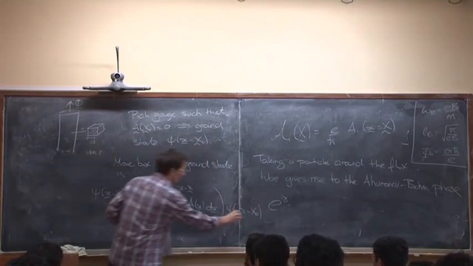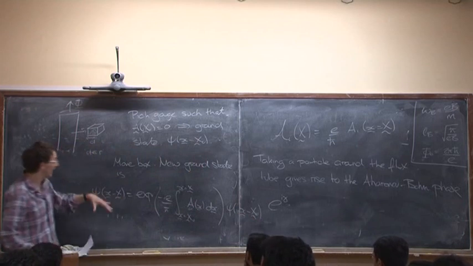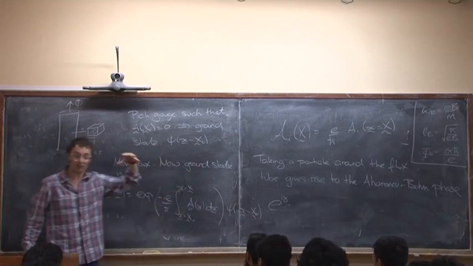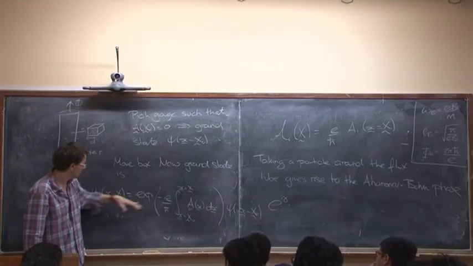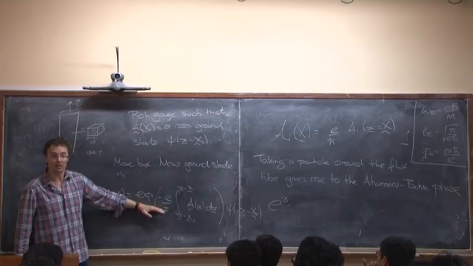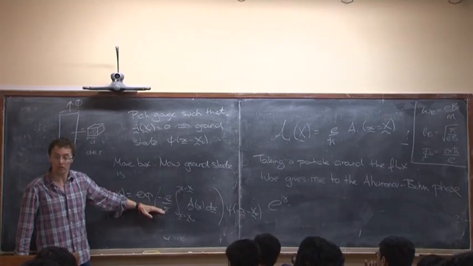Okay, so the claim is that for any value of A that I had in that Hamiltonian, if I change the value of A, I can always get my new ground state just by gauge rotation, just by changing the phase.